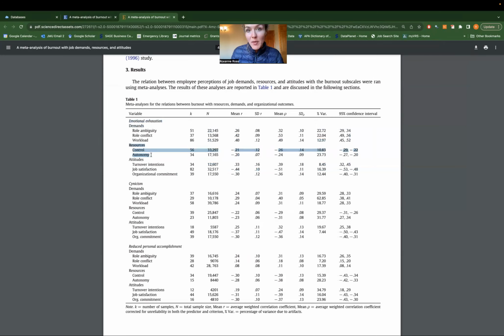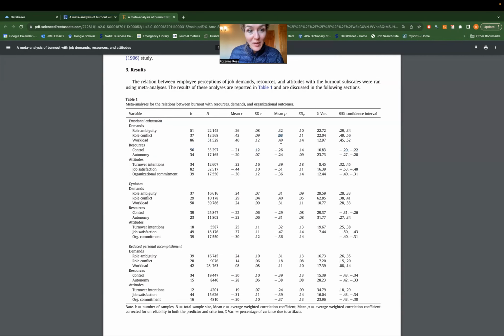Resources, this would be something we would look at for our second research question. And maybe we look at work demands: which kind of work demands are the strongest predictors of burnout? In this case, we see that with emotional exhaustion, if we look at the corrected correlation row, it changes, and we see role conflict is the strongest predictor of emotional exhaustion.